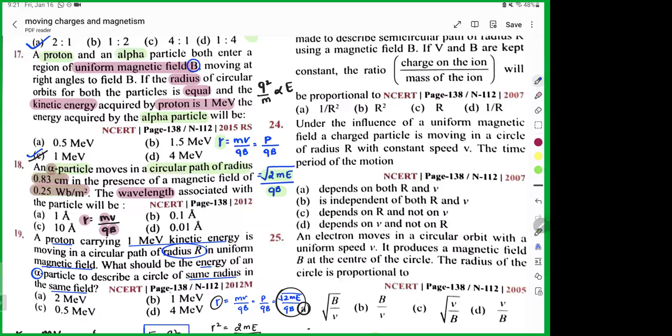Even your answer is the same, because the value is also the same. See, 1 mega electron volt. Do you think NEET is so repetitive that 2015 and 2012 are the same? Even the same value and same answer.